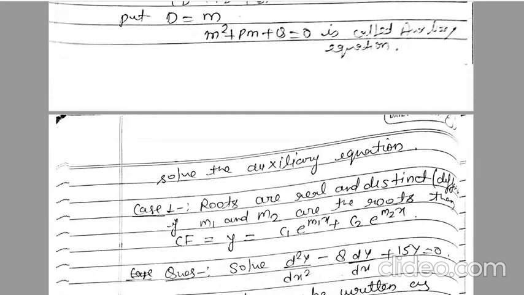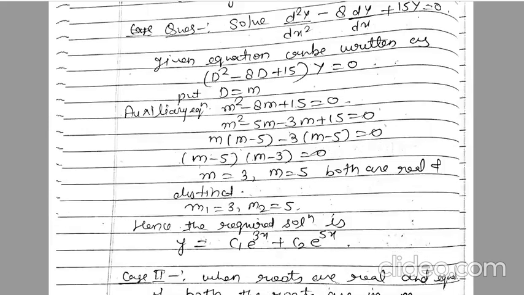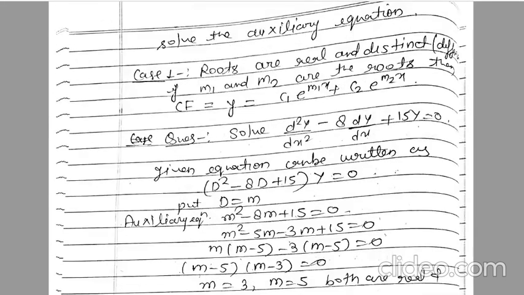Now, solve the auxiliary equation. For the solution of the auxiliary equation, you have 3 to 4 cases. Case first is roots are real and distinct, means different roots. If you are solving a quadratic equation, then you will get only 2 roots here.